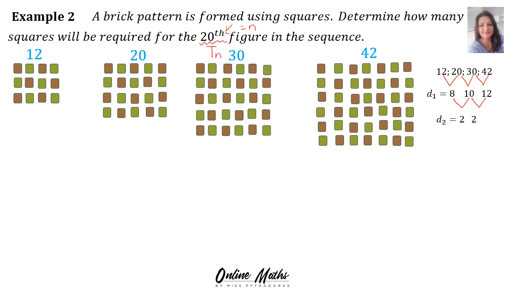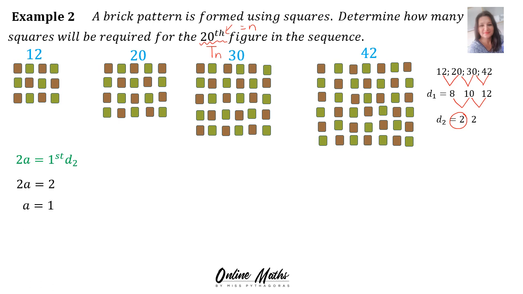Now that we know our sequence is quadratic, let's work out a formula for the general term. We start with the help formula: 2a is equal to the first second difference, and the first second difference is 2. Therefore, 2a equals 2.